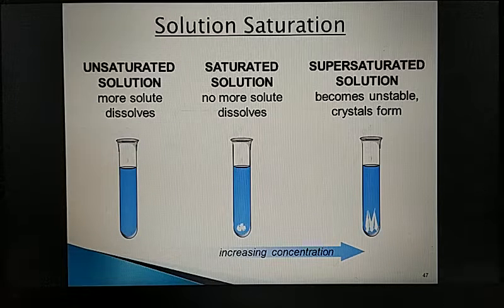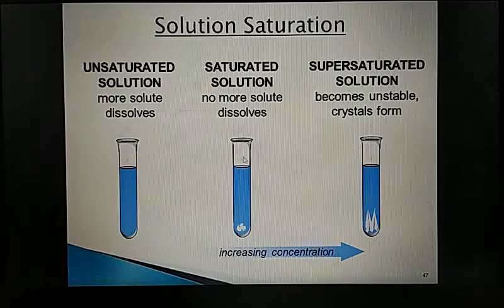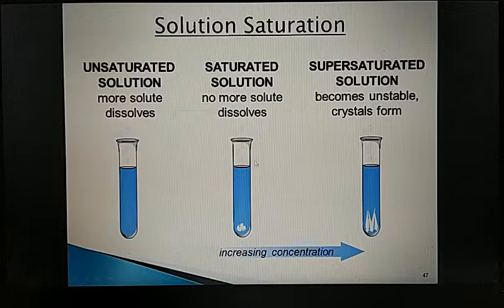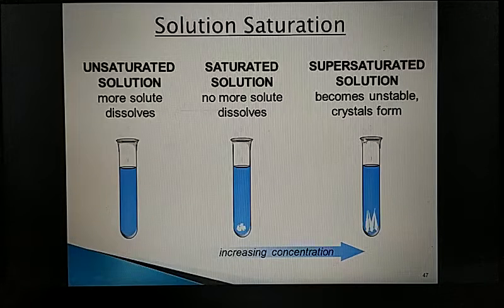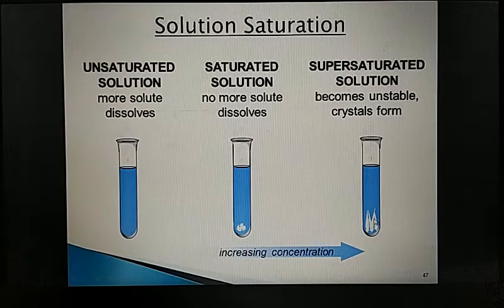Such a solution, where you provide heat and are capable of adding more solute to it, is called a supersaturated solution. But this is quite unstable, because if you leave it undisturbed, afterwards crystals of that salt will start appearing at the bottom.